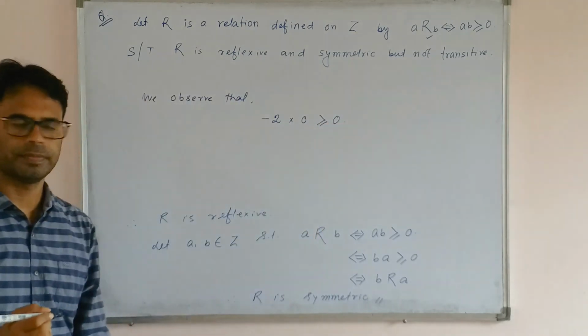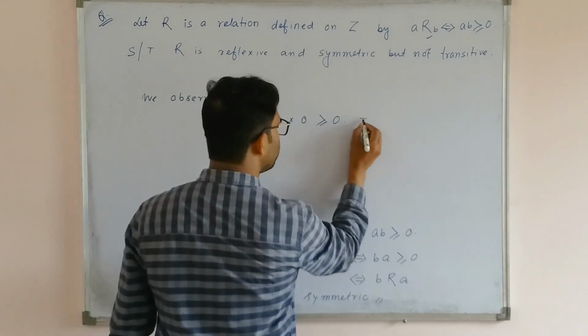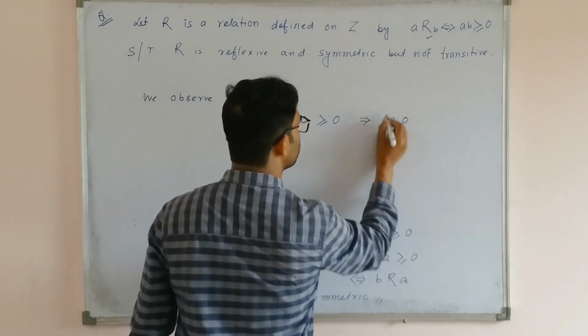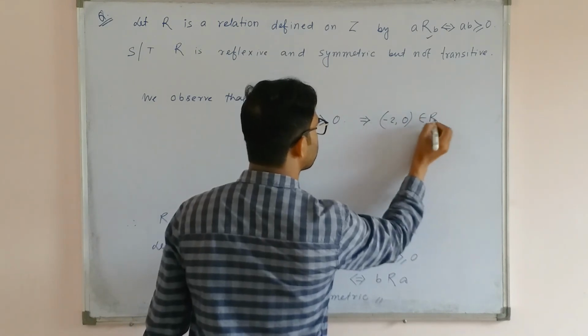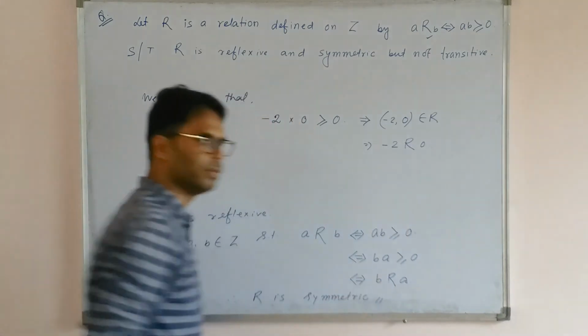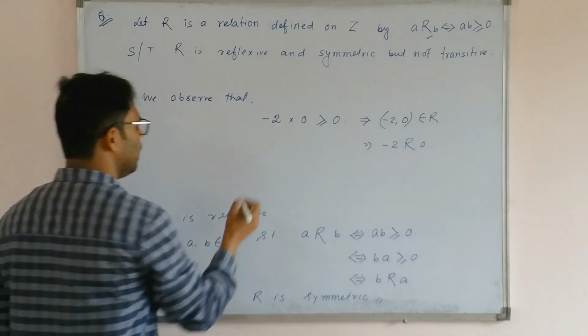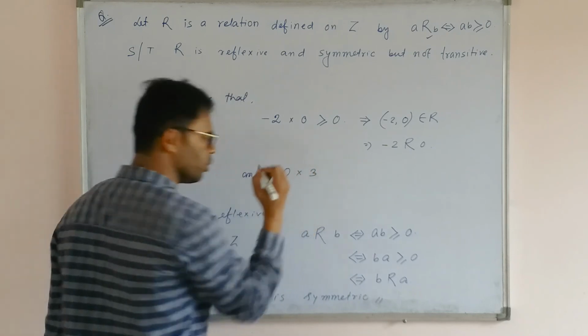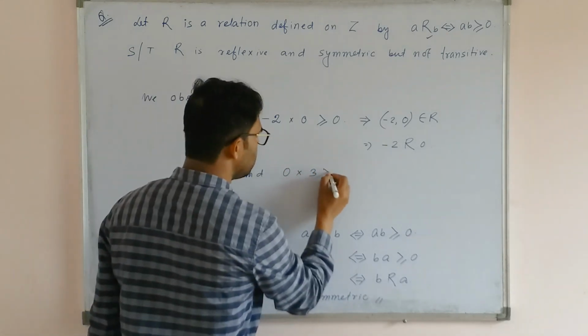So this implies that (minus 2, 0) is in R, that is, minus 2 is R related to 0. And again 0 into, say, 3 is greater than or equal to 0.